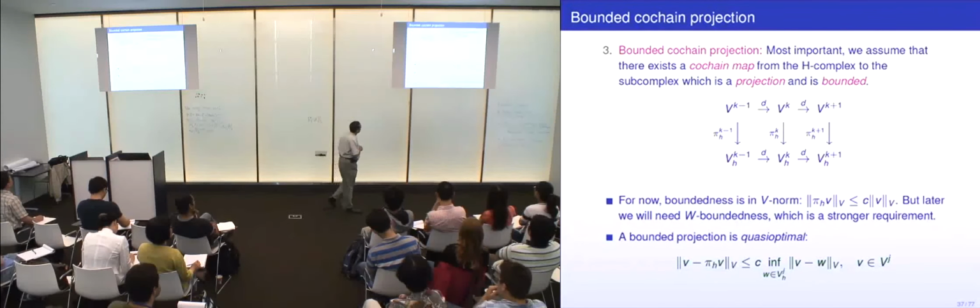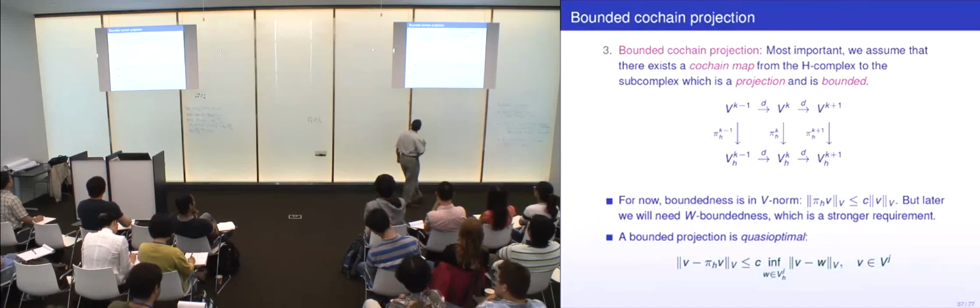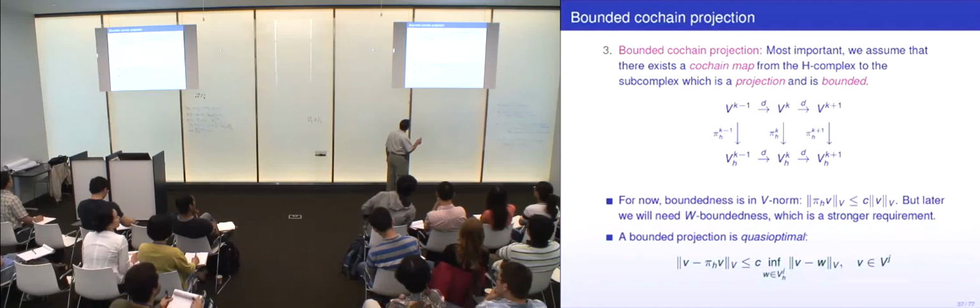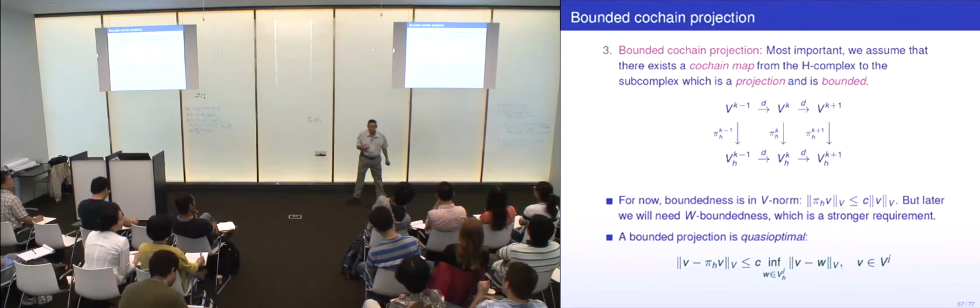In this context, boundedness could mean two things. It could mean the norm of pi_h v in the V norm is less than a constant times the norm of v in the V norm. Or it could mean the norm of pi_h v in the W norm is less than a constant times the norm of v in the W norm.